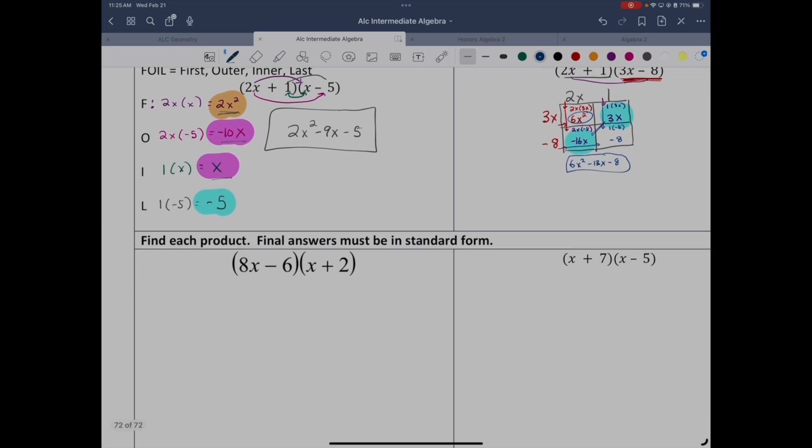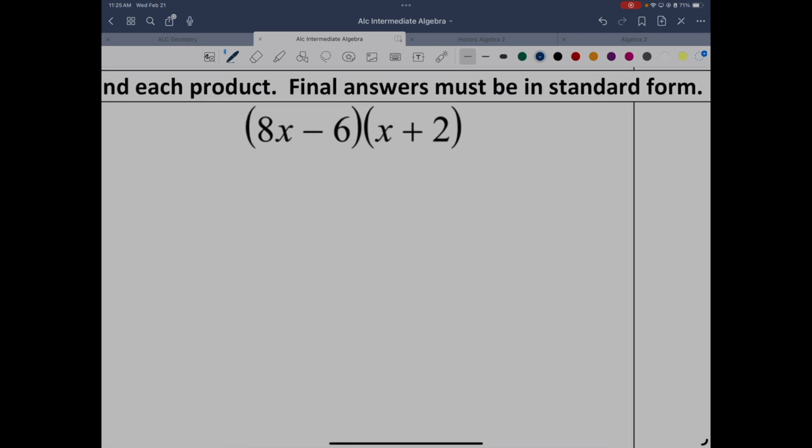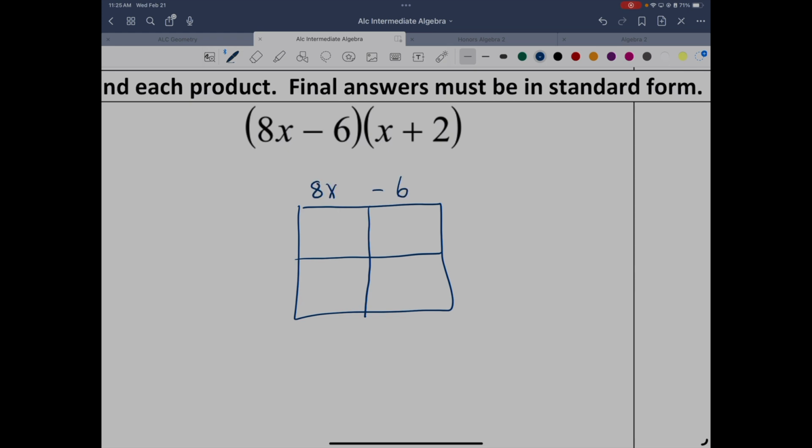Okay, let's look at the next one. So we've got 8x minus 6 times x plus 2. Okay. I want to use the box method to do this one. So I want to practice that. So I'm going to go 8x minus 6 and x and 2.